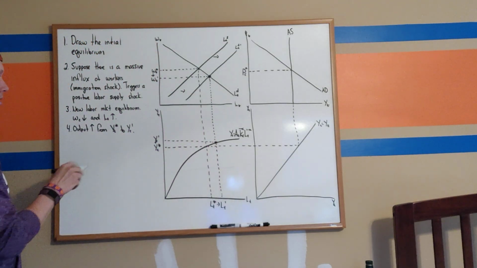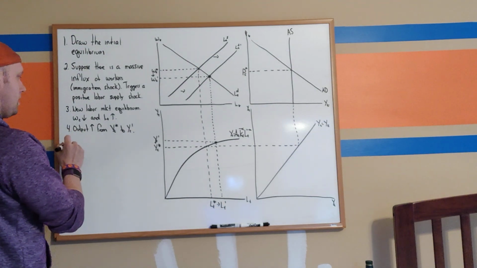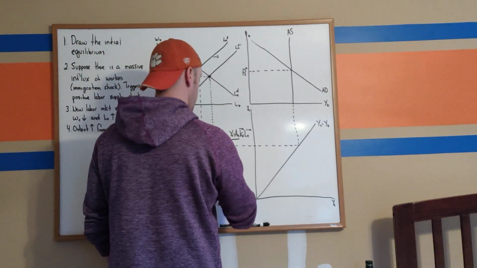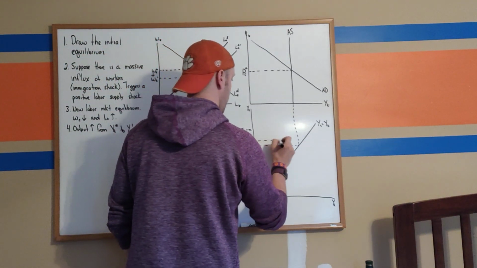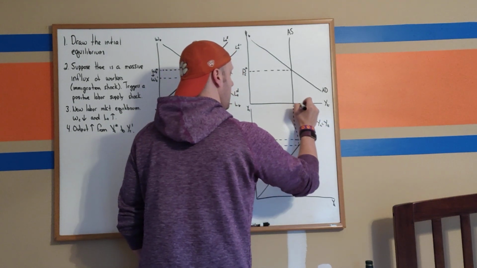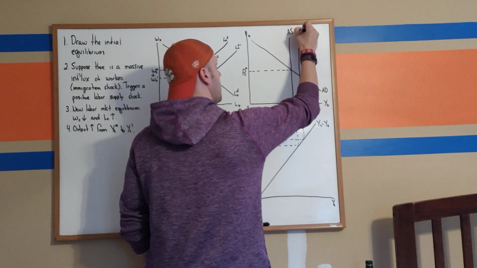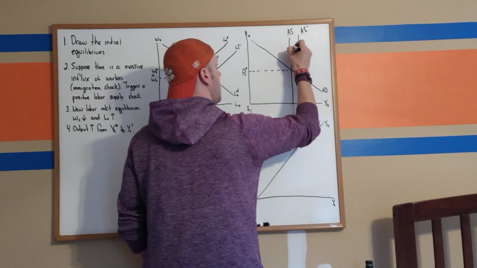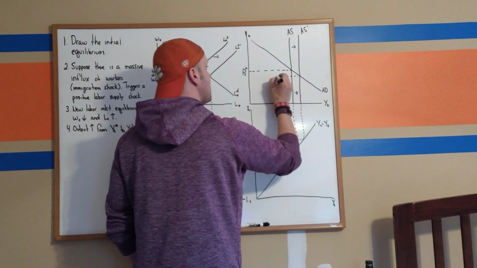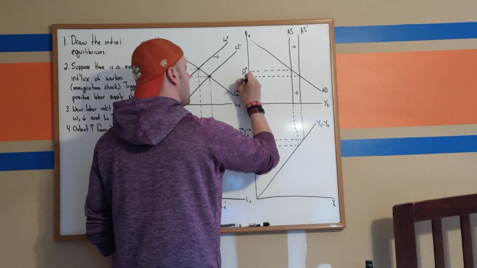Okay, so output moves. Output increases from Y star to Y prime. And we trace this new dotted line over to the Y equals Y line, which is over here, and we trace a dotted line up until we get here. Booyah. There's an aggregate supply shift, meaning the price level is reduced from P star to P prime.